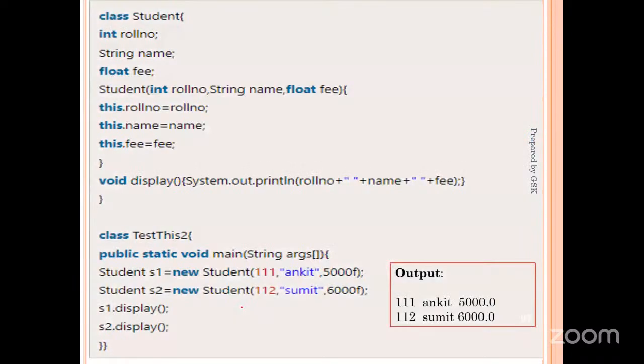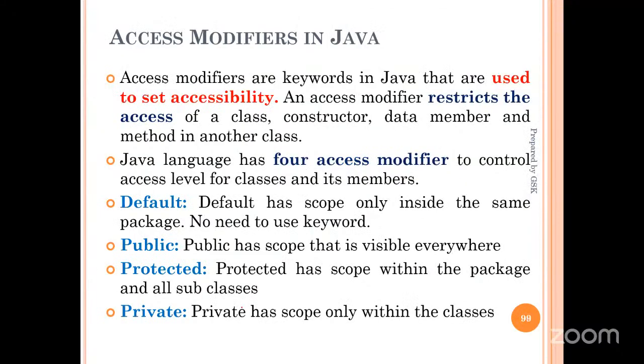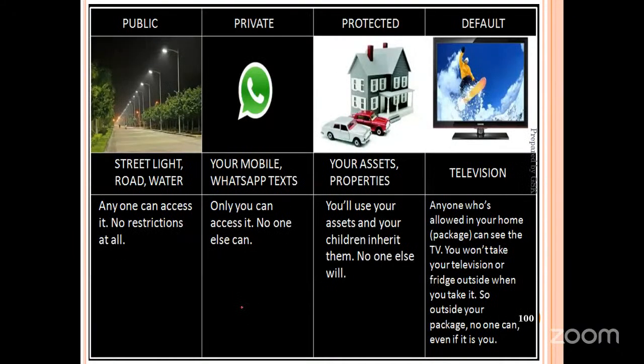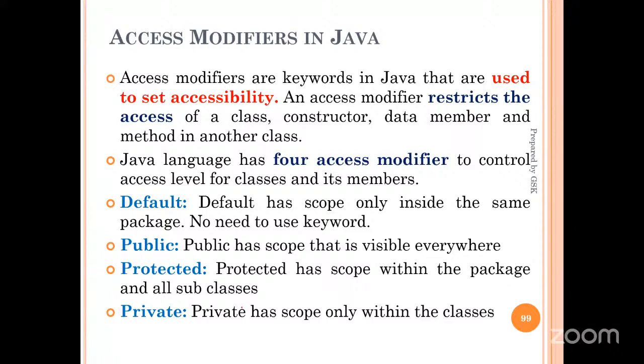Next is access modifiers. Very simple. By the word you can understand that we can modify the accessing mechanism of a method or variable by using these access modifiers.